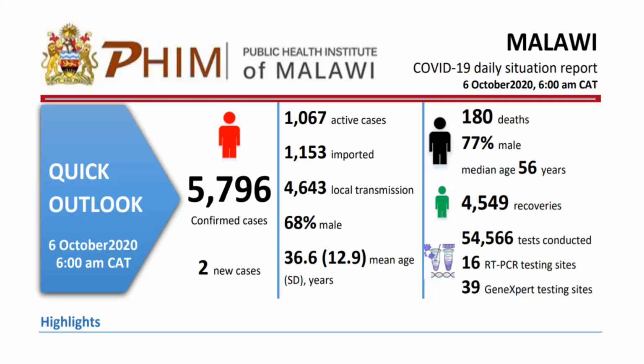I must indicate that so far we've conducted 54,000 tests, but our testing capacity is quite limited at the moment. And in terms of mortality, we've had 180 deaths, and one maternal death so far reported.